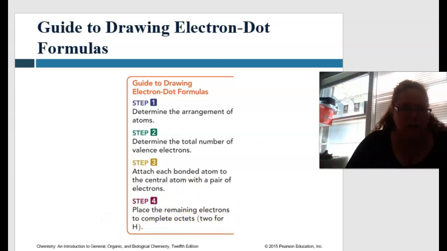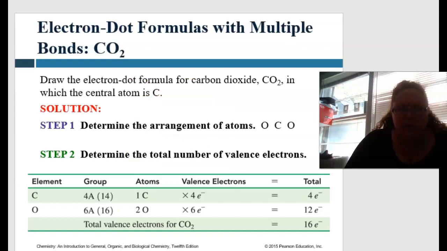All right, so step 1. Here we're going to draw the electron dot formula for carbon dioxide, CO2, in which the central atom is carbon. So determine the arrangement. We have central atom carbon, oxygen on either side, CO2. And then let's determine the number of valence electrons.